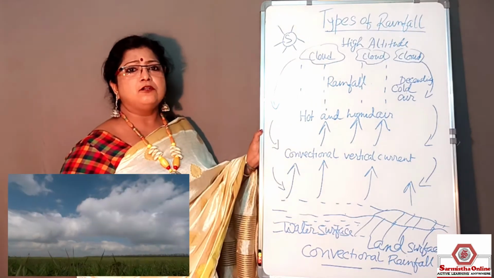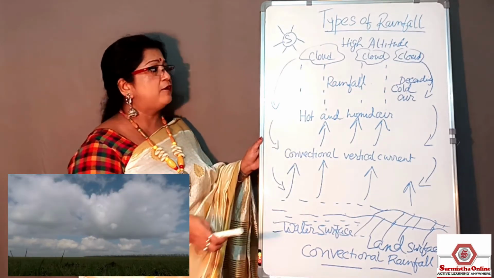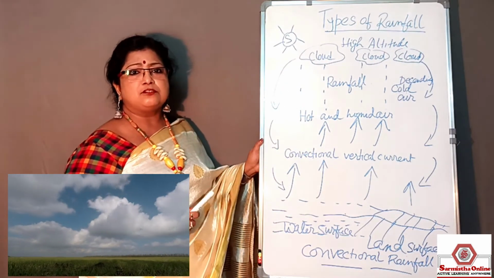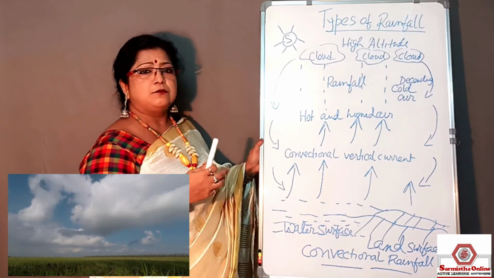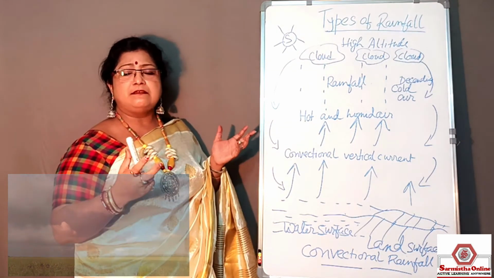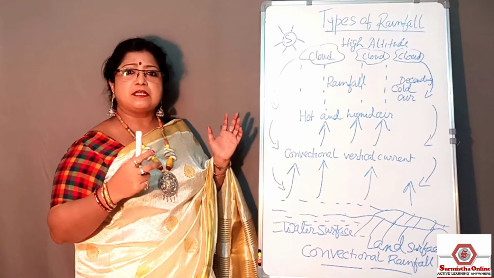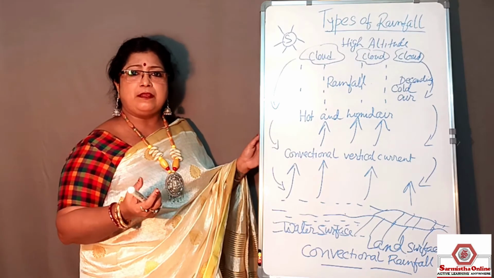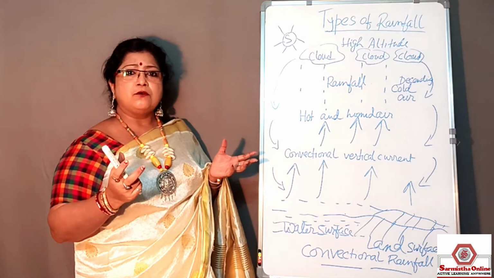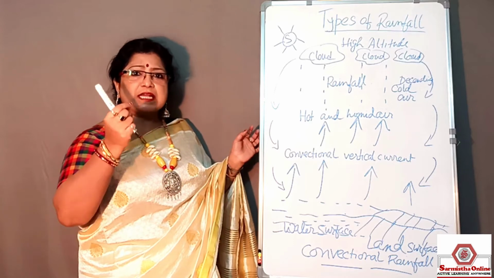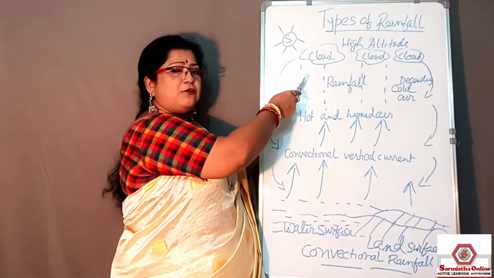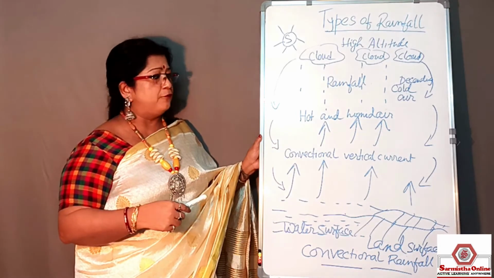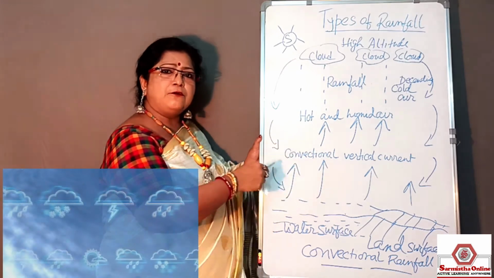And when the clouds become bigger and heavier, they cannot float in the high atmospheric level. Then due to the gravitational force of the earth, the cloud breaks off and cannot contain the moisture anymore because it has already become very heavy, and due to the saturation of air, the air is also full of moisture, and due to the sudden drop of temperature in the high altitude, heavy precipitation starts in the form of rainfall.